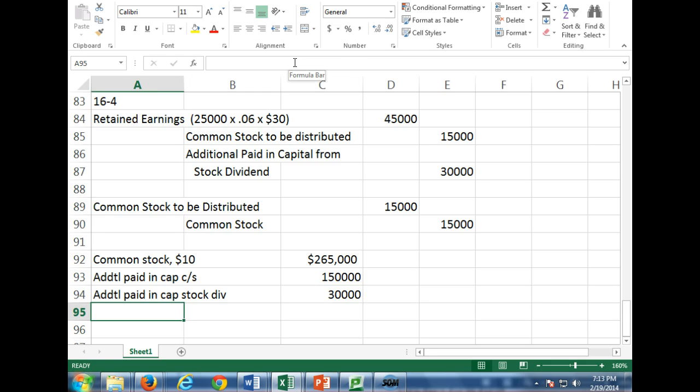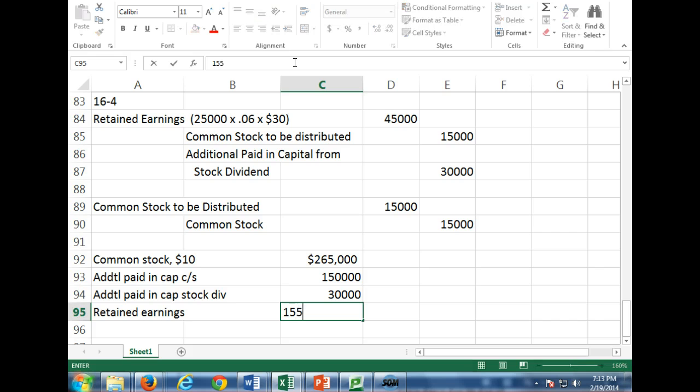But now our retained earnings went down, didn't they? So basically we shifted it from retained earnings. It's still the same amount sitting in there, but we took it out of retained earnings and it's now part of the stockholders' stock. Okay? So our retained earnings goes down to what? 155. But guys, that's weird.